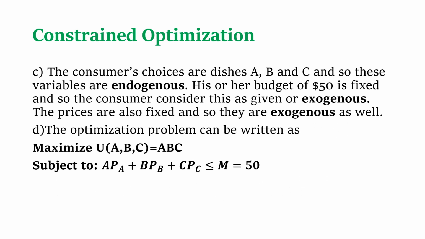No. So the consumer's choices are just the dishes A, B, and C, and these are the choice variables. The budget of $50 is fixed, and so the consumer considers this as given, exogenous. Prices are also fixed, and so they are exogenous as well. So this is the optimization problem: maximize U(A, B, C) equals ABC. That is the objective function, right?